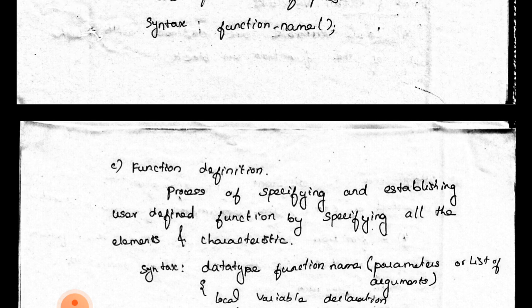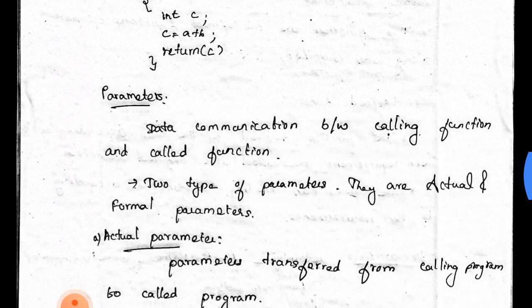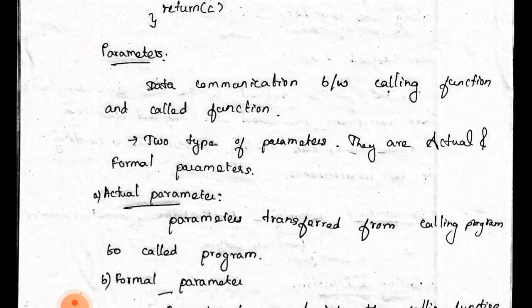All functions defined by the user is called function definition. Parameters. Parameter means the communication between calling function and called function. Here two parameters are used: actual parameter and formal parameter.